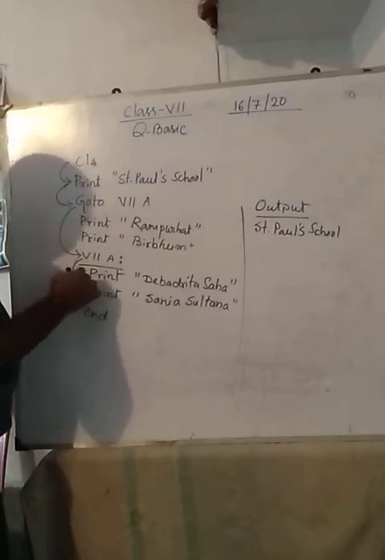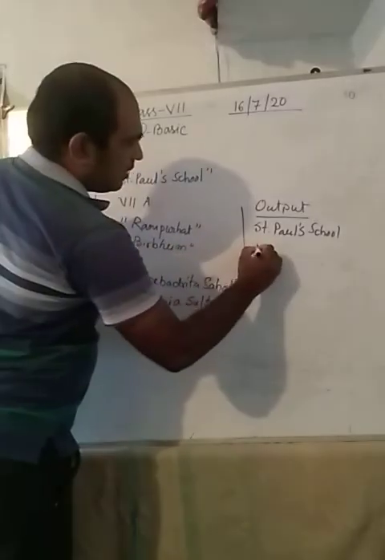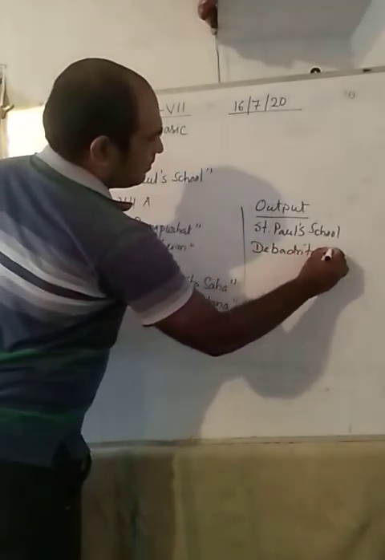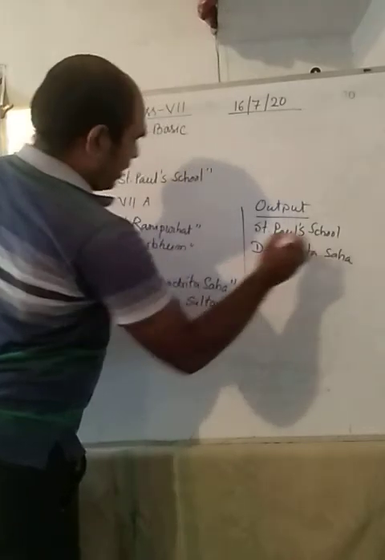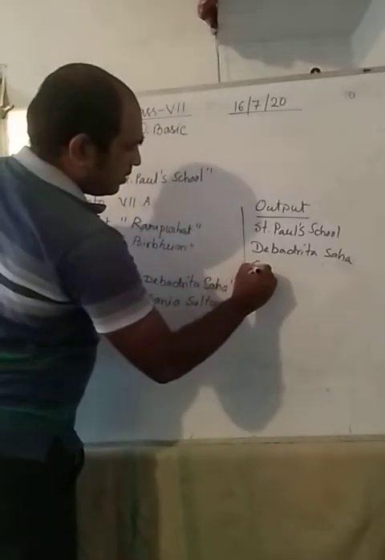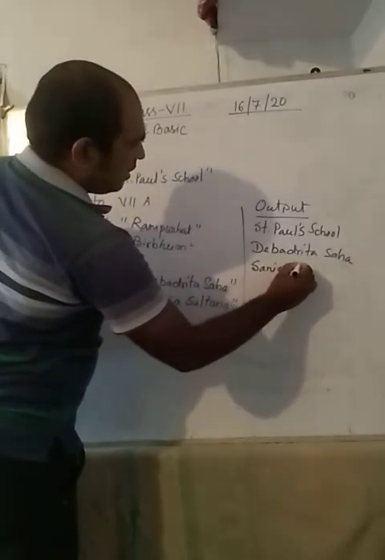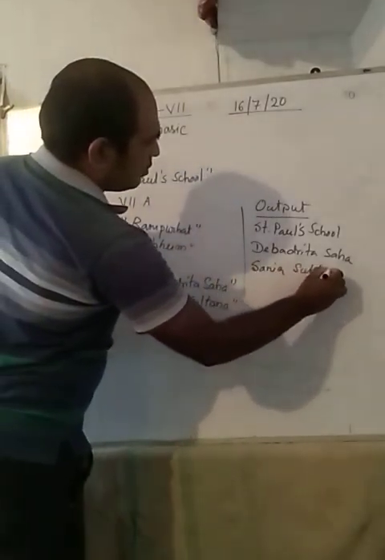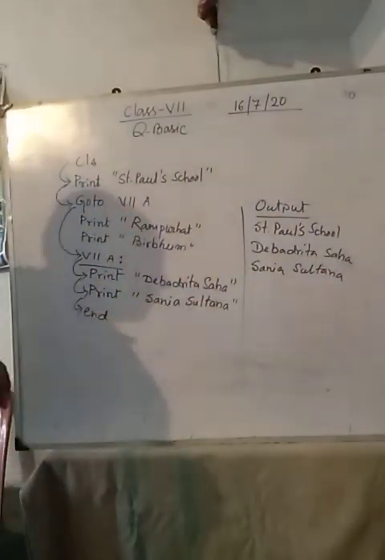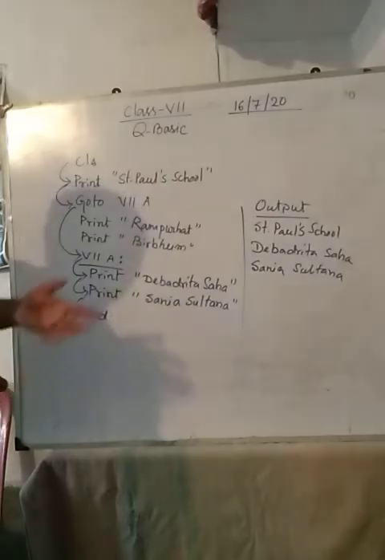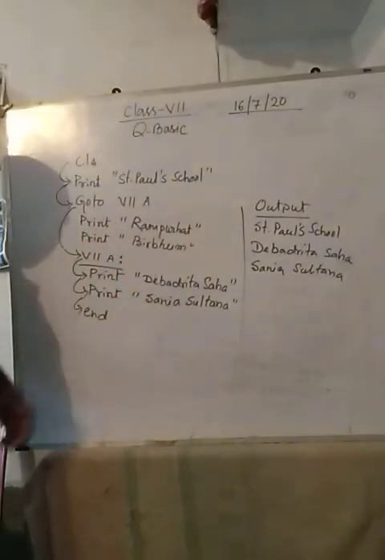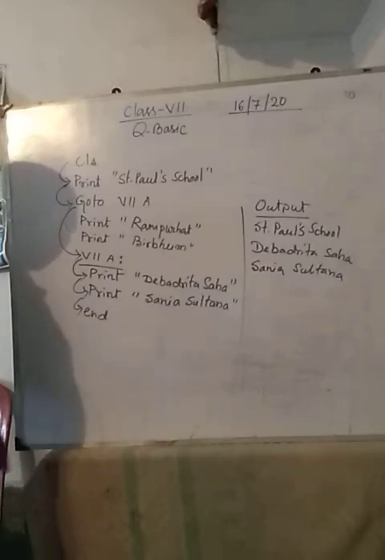So 7A, what is that? The next line has print Devadrita Saha, so it will display Devadrita Saha. Next, print Shania Sultana. Next, end. So the complete program will come out and the program is completed.